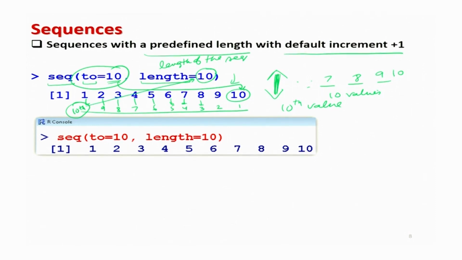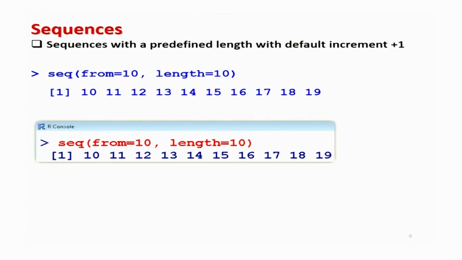Okay, so you can see these things are quite easy to do, and similarly I will take one more example where you want to generate a sequence of length 10, but you want to start from 10. Earlier your end point was 10, but now I want the starting point to be 10. So you write seq, and inside the parenthesis from is equal to 10 and length, all in lowercase, length is equal to 10, and as soon as you execute it you will get this outcome.